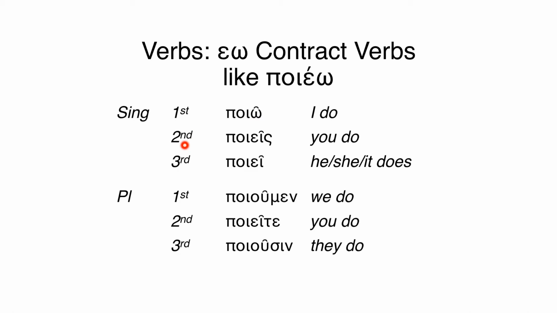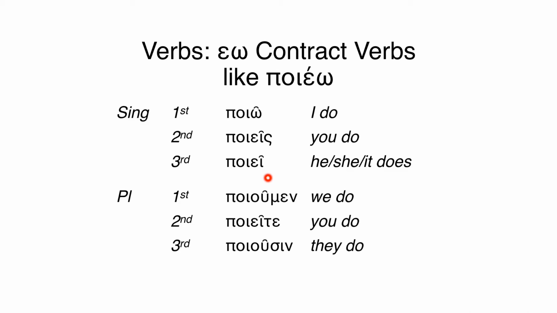The present active indicative second person singular is poies, or in modern Greek, piis. The present active indicative third person singular is poiei, or pe. Again, notice the circumflex over each of these endings.